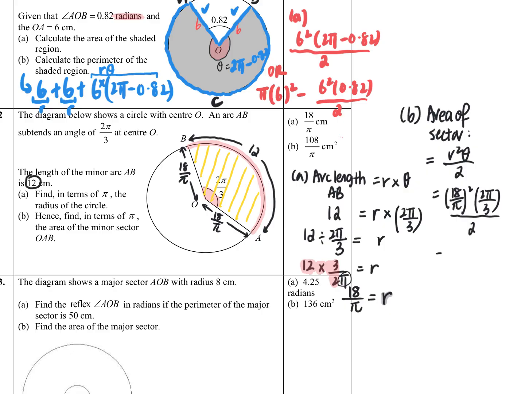Okay, so 18 squared is 324, over pi squared, times 2 pi over 3, and then over 2.